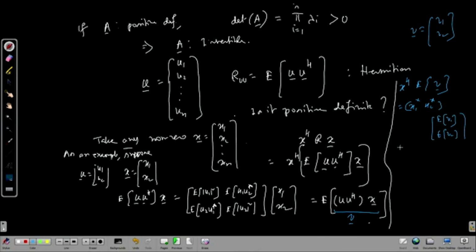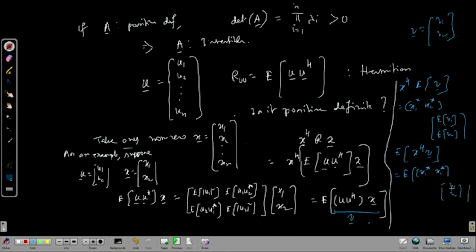But suppose I push x h before v, because x h is not random. Then again what happens? E of x1 star, so this vector comes inside and v1 v2 as before.